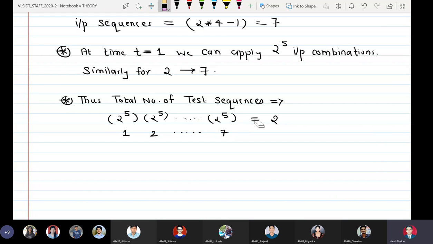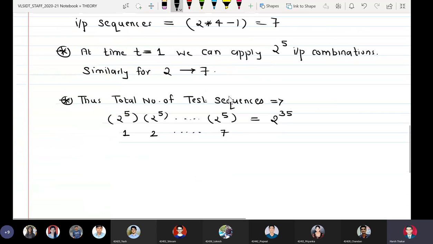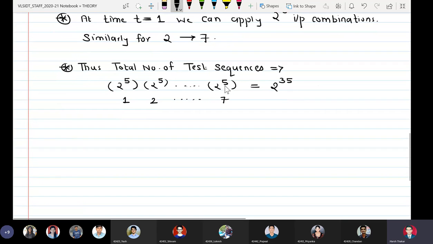So we see that even for such a small system, the total number of test sequences goes to 2 raised to 35. That is in millions. So this is not feasible, because practically digital systems have many inputs and a large number of output states.